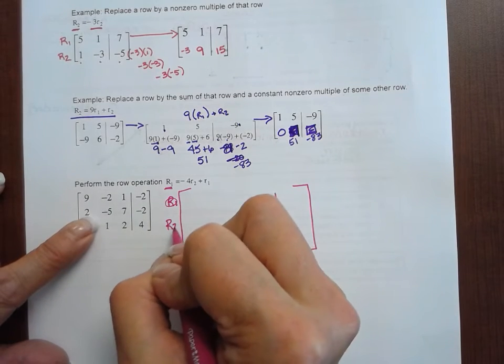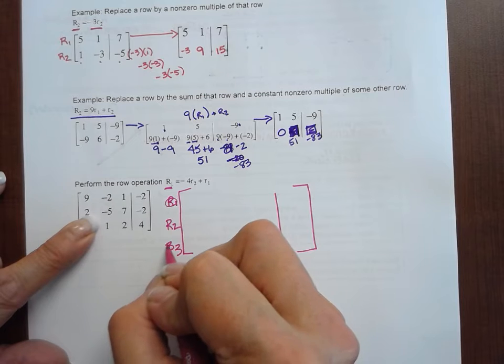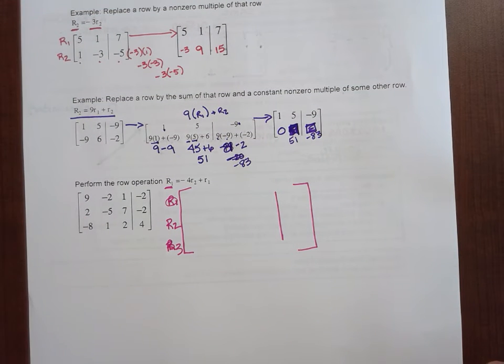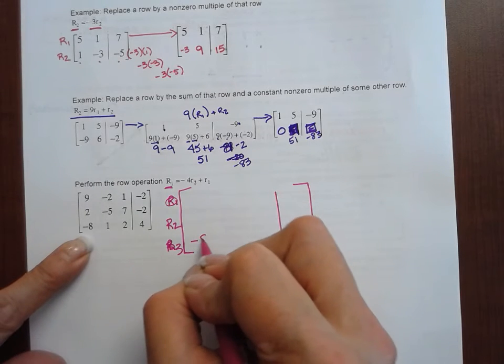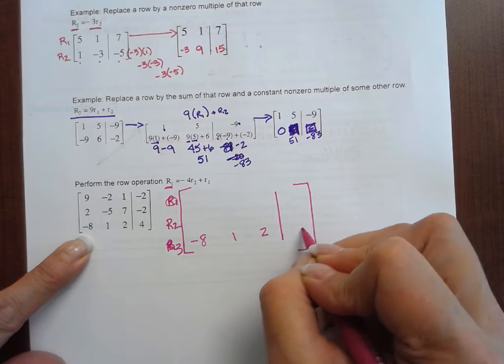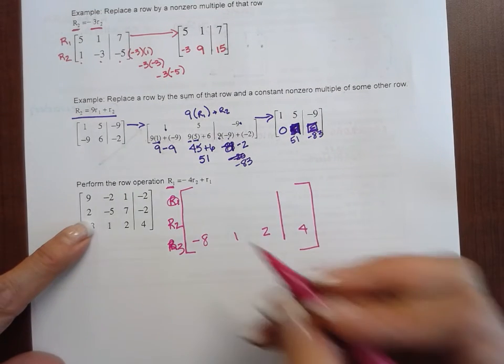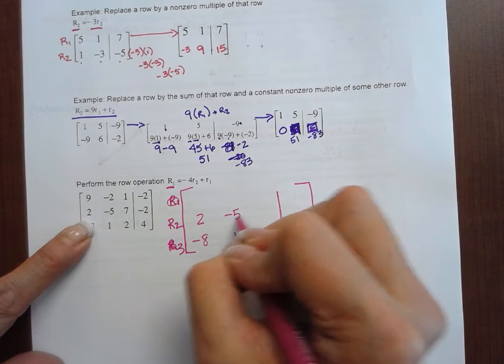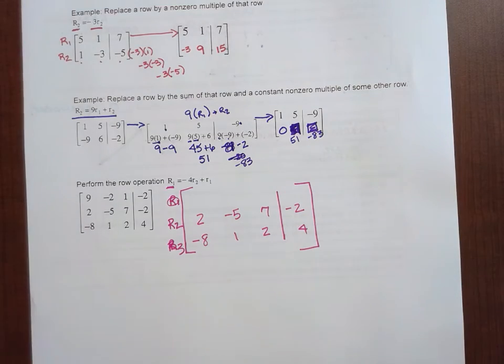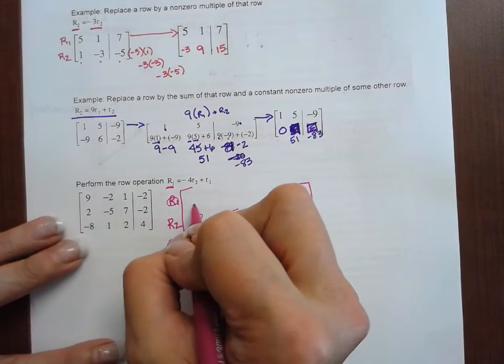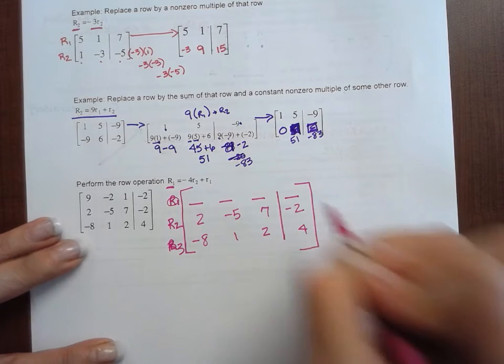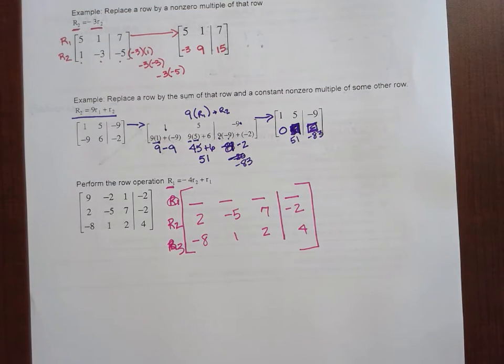That means that row 2 and row 3 are going to stay exactly the same, so I just copy row 2 and row 3. And then I've got 1, 2, 3, 4 positions to fill for my operations.